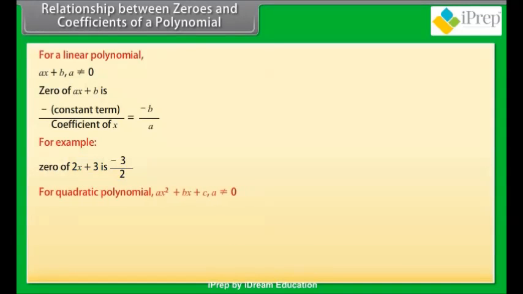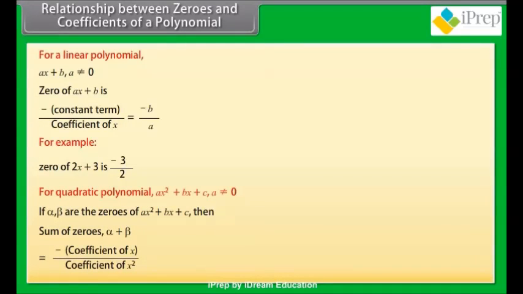For quadratic polynomial ax² + bx + c, a is not equal to 0. If alpha, beta are the zeros of ax² + bx + c, then sum of zeros, alpha + beta, is equal to minus coefficient of x upon coefficient of x², which equals -b/a.